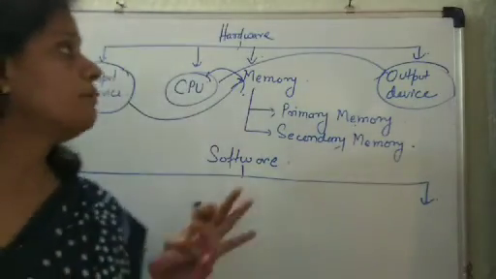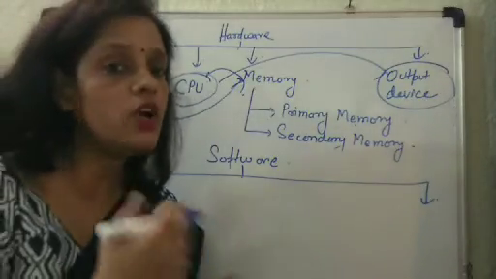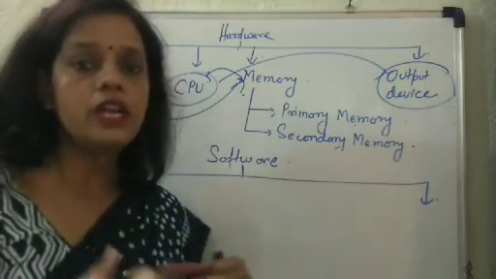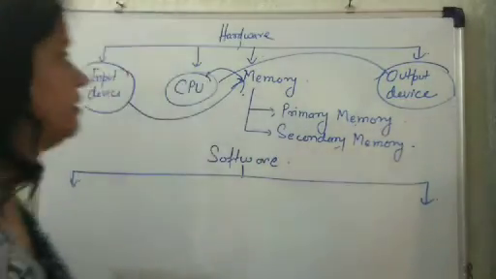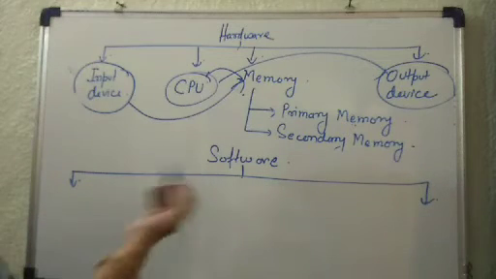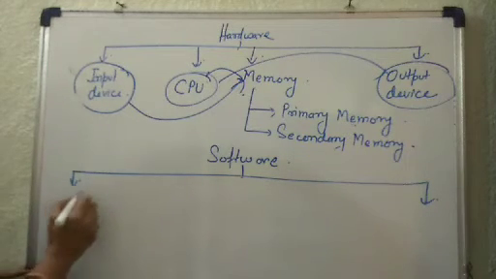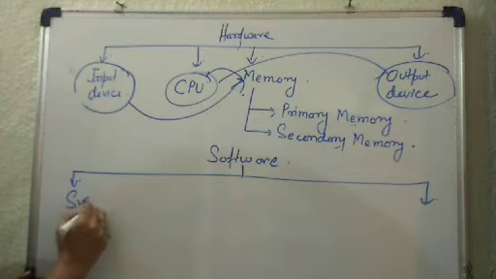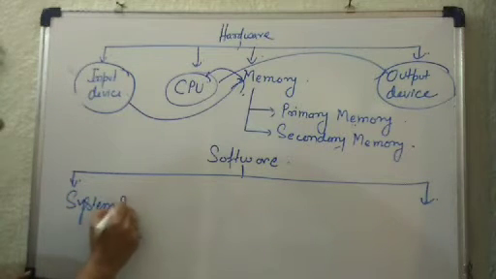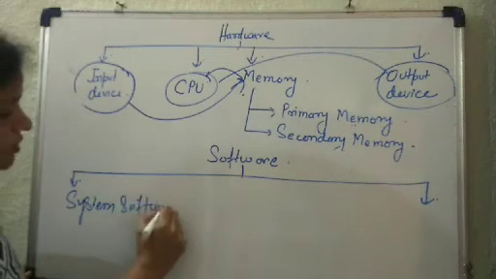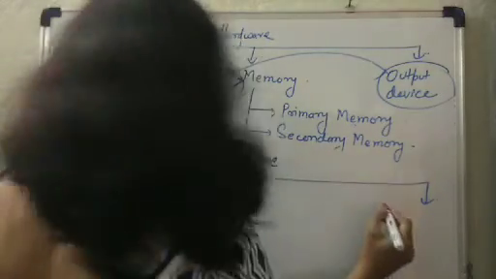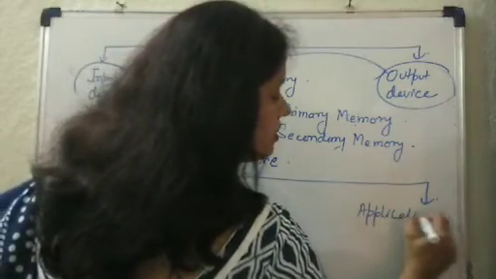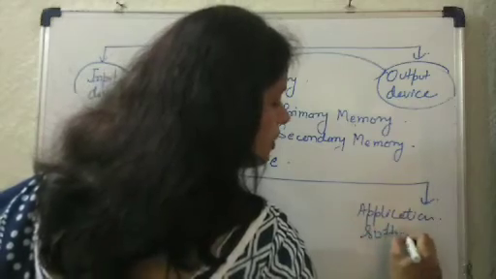And the computer is involved with data processing. Now let us see the categories of the software. Software categories are system software and application software.